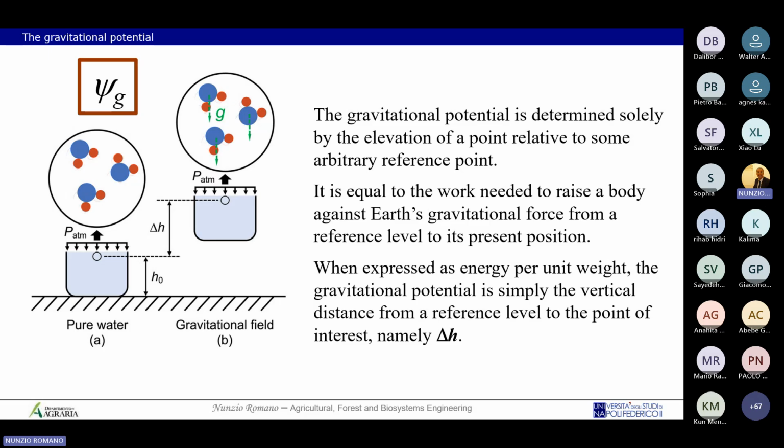But keep this in mind. I think it's very useful to have an image of what the potential can be. And this is, as I mentioned, the delta H. Delta H is the gravitational potential when you refer this energy to the unit weight of water.